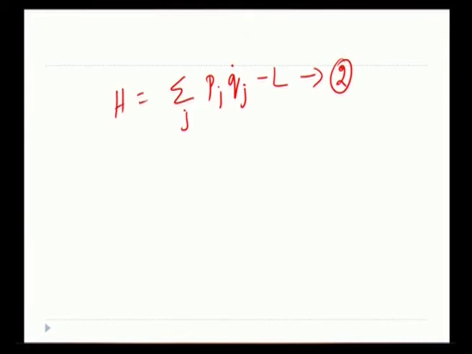So, to derive the Hamilton's equations of motion from Hamilton's principle, first we took the action of a particle and we went to the definition of the Hamiltonian.